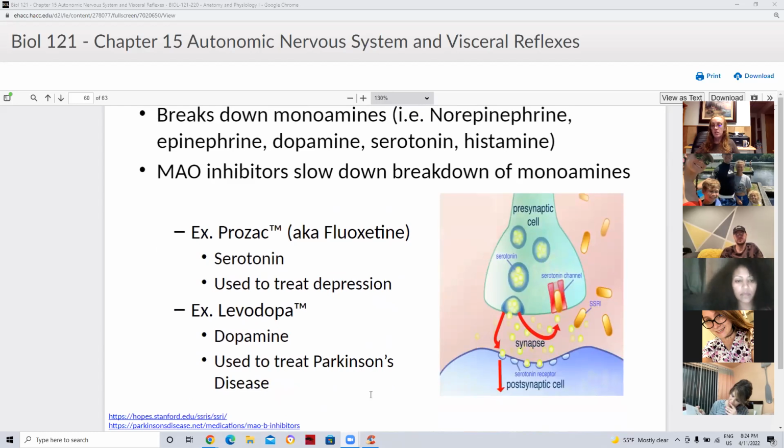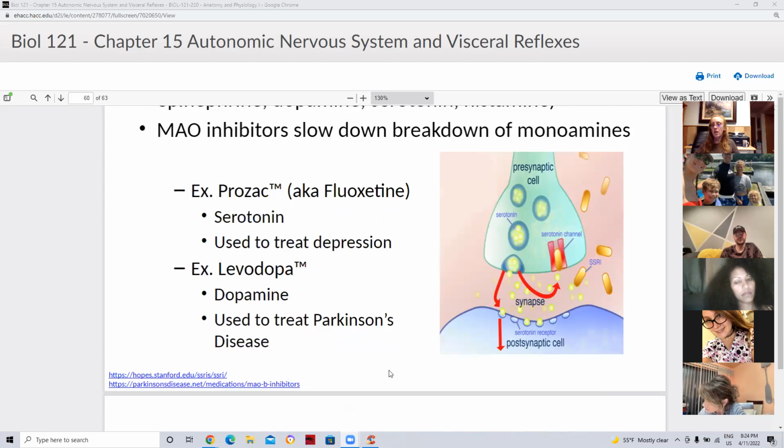Two of the inhibitors that are best known: Prozac, aka fluoxetine, blocks the breakdown of serotonin and is used to treat depression and anxiety. Levodopa, on the other hand, blocks the breakdown of dopamine and is used to treat Parkinson's disease.